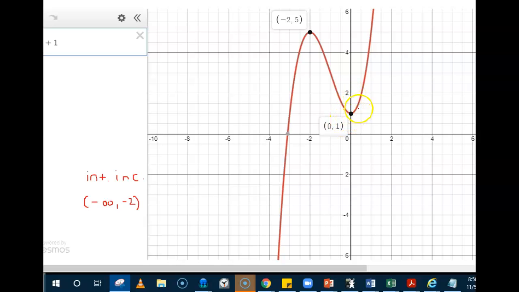I'm going uphill again. So from 0 to infinity, I'm increasing again. So I got another interval of increase from 0 to infinity.